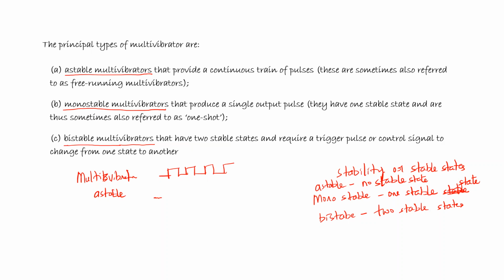That means this is the 0 state. Without us doing anything, it goes to 1. It will stay there for some duration and it will again come back to 0. We are not doing anything. It is all happening by itself. It will be 0, stay there for some period and again become 1, stay at 1 for some period and again become 0. And we don't have control over this. This will keep happening by itself.